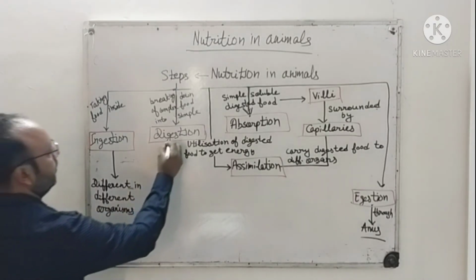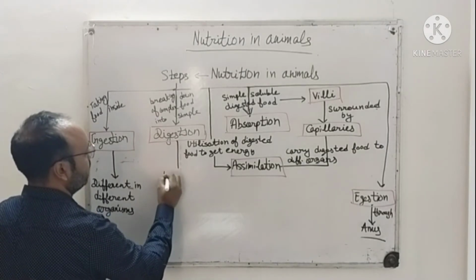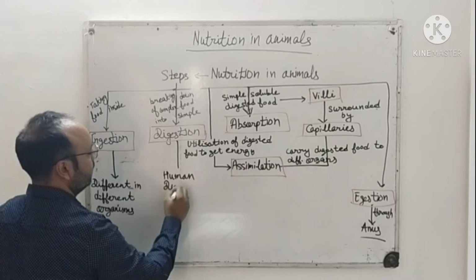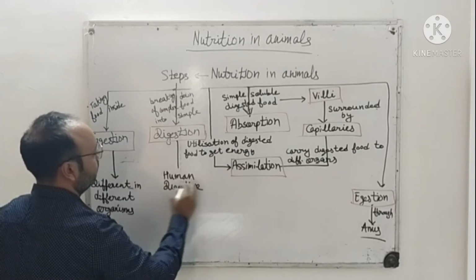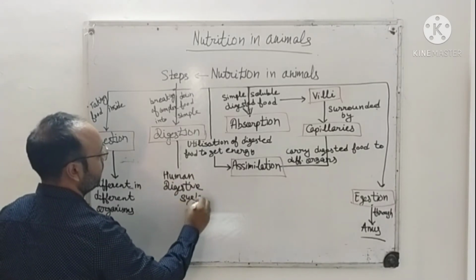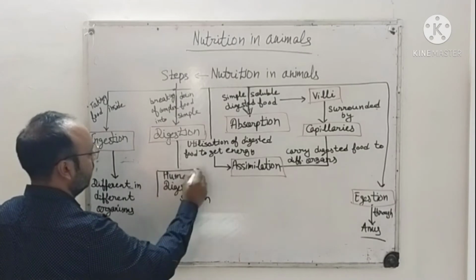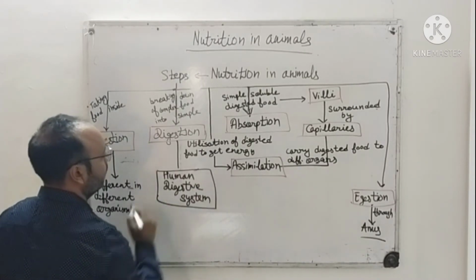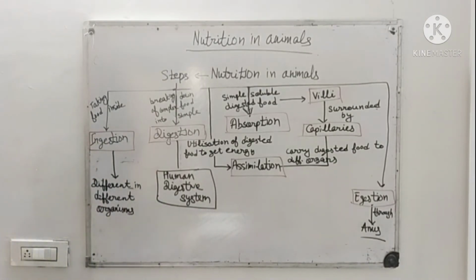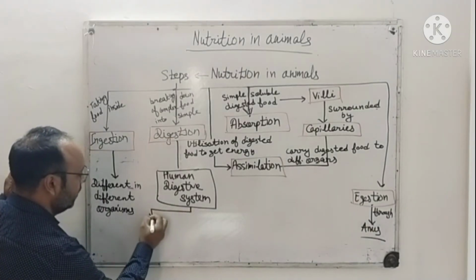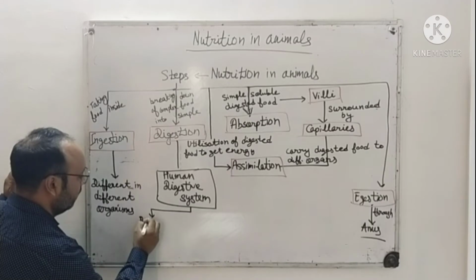In digestion, there is a very complicated system that we call the human digestive system. In the human digestive system, we have different organs which are involved in it, and we are going to discuss them one by one. First, if we talk about the human digestive system, the first thing that comes to our mind is the buccal cavity.